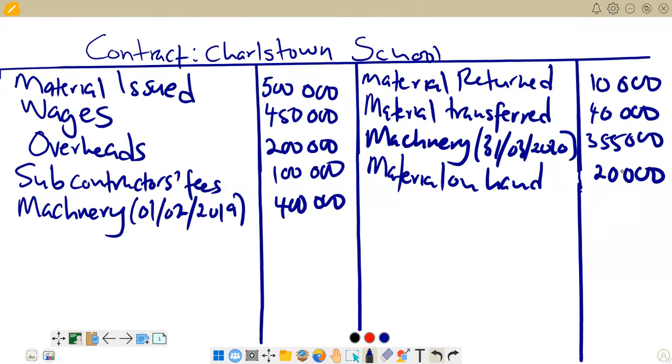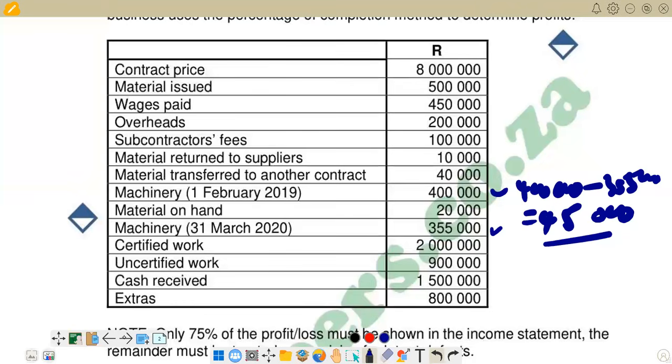Then we go and check again. Remember, we also have figures for certified and uncertified work. These two figures: certified work represents completed work, and uncertified work is uncompleted work. So all these figures, we are supposed to put them on the credit side. So we are going to put 2,900,000 on the credit side.